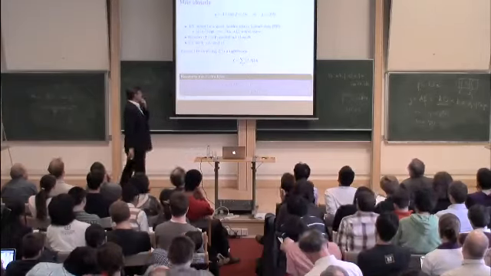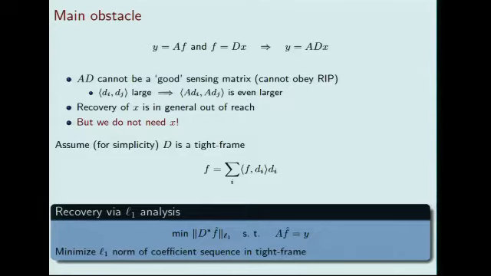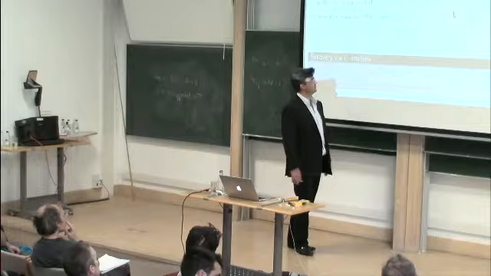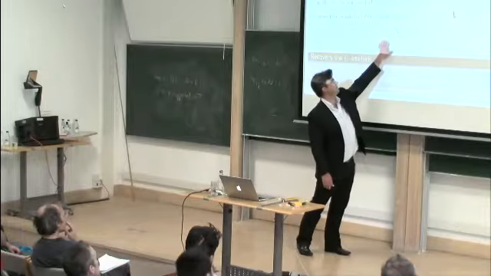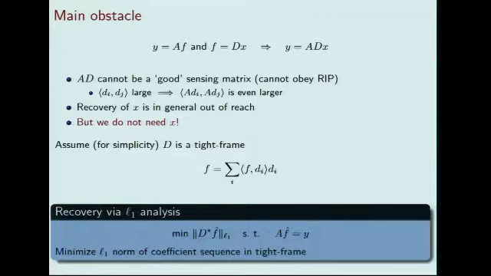And so now we're going to try to recover the signal f by another algorithm, which is also an L1 algorithm, but of slightly different flavor. We're going to assume that D is a tight frame, which is what people use in most applications. Tight frame means that it looks like an orthobasis, but it's not. It means that D D star is the identity.